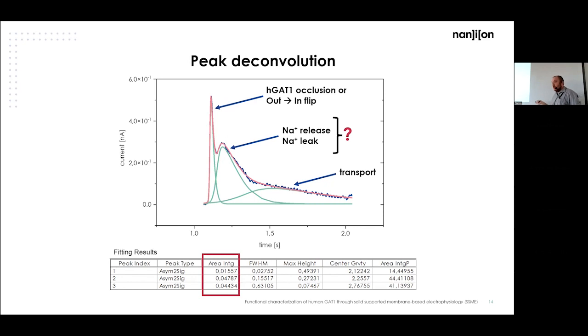There are also in literature many examples of channel-like behavior of transporters. So this could be it, since it's anyway something that is affected by the sodium gradient. And in the end, the last phase, I thought it was transport.